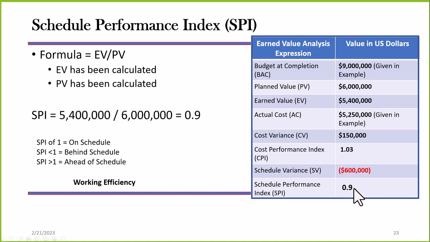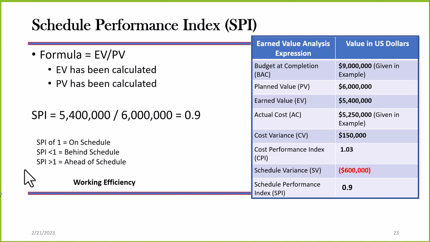So now we've calculated the BAC, planned value, earned value, actual cost, cost variance, cost performance index, schedule variance, and schedule performance index. So what do we do with those numbers? Other than the fact I know that I am behind schedule and I know that I am under budget.